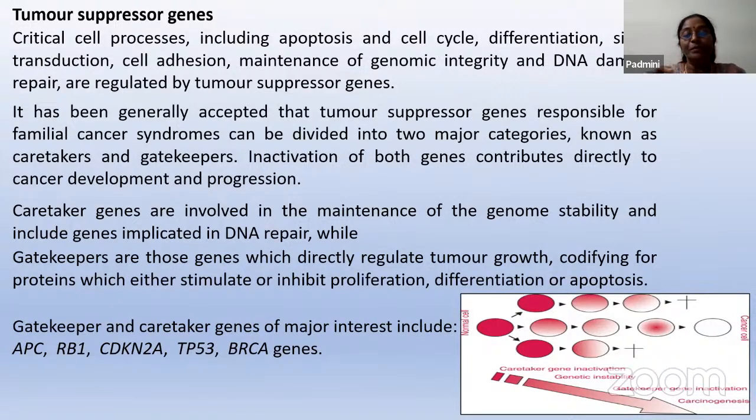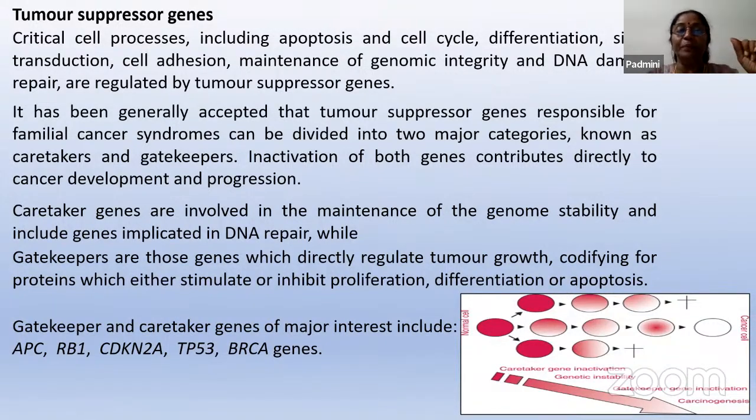Gatekeepers are those genes which directly regulate tumor growth, codifying the proteins which either stimulate or inhibit proliferation, differentiation, and apoptosis. So when the cell has to proliferate, when it has to differentiate, and when it has to undergo apoptosis is all taken care of by gatekeepers.